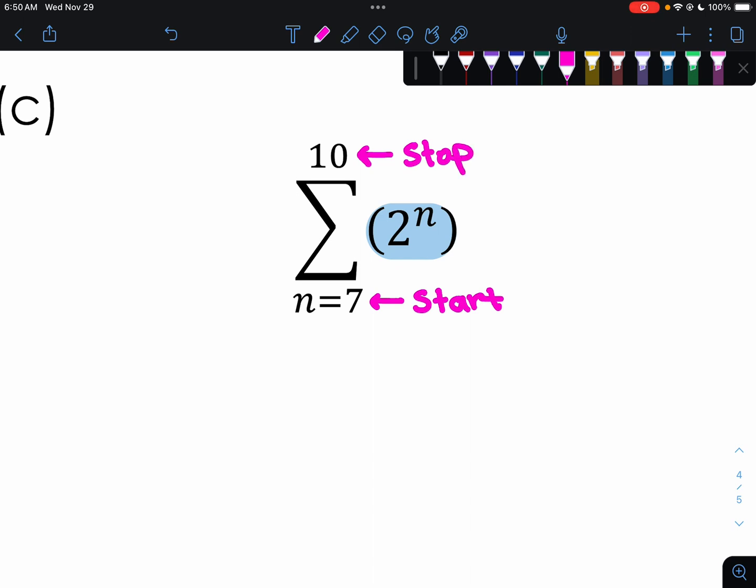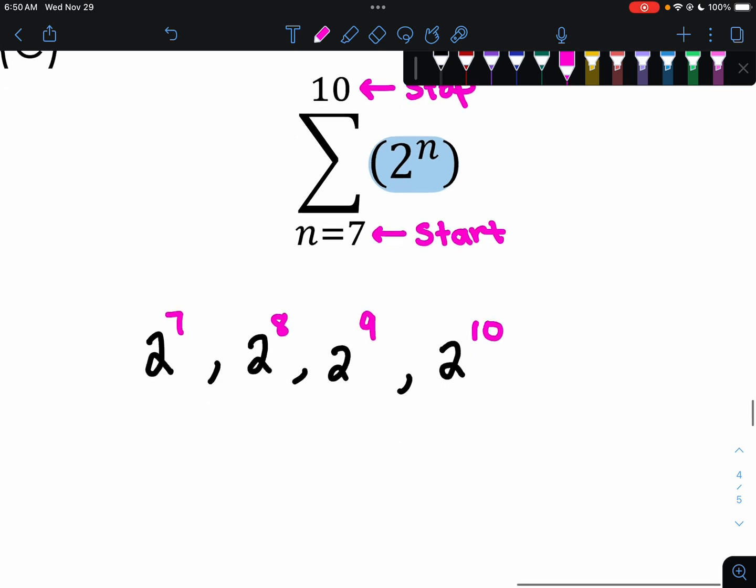So notice now in our function that our variable is the exponent. So we're going to have 2 to the 7th power, 2 to the 8th power, 2 to the 9th power, and 2 to the 10th power.